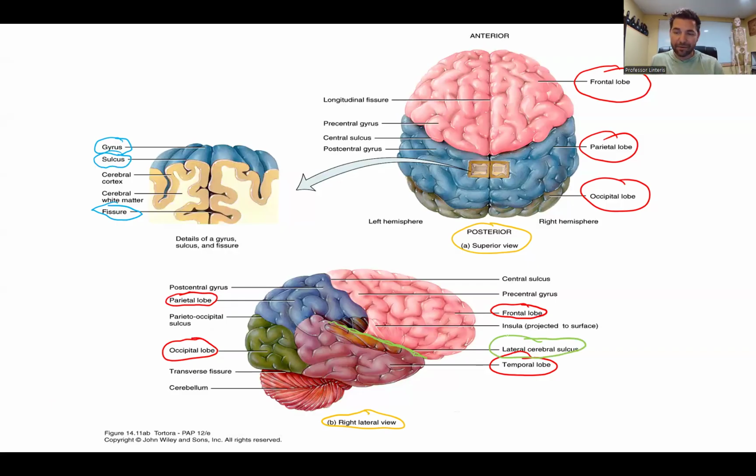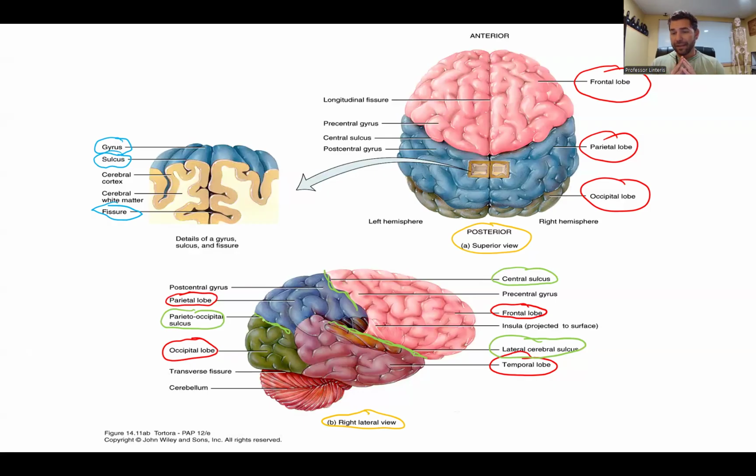You don't have to call it the lateral cerebral sulcus, but you totally can. You can see it separating the temporal lobe from the frontal lobe. We have a very important sulcus that we will dive into called the central sulcus, which separates the frontal lobe from the parietal lobe. We have a parieto-occipital sulcus, which clearly separates the parietal lobe from the occipital lobe.